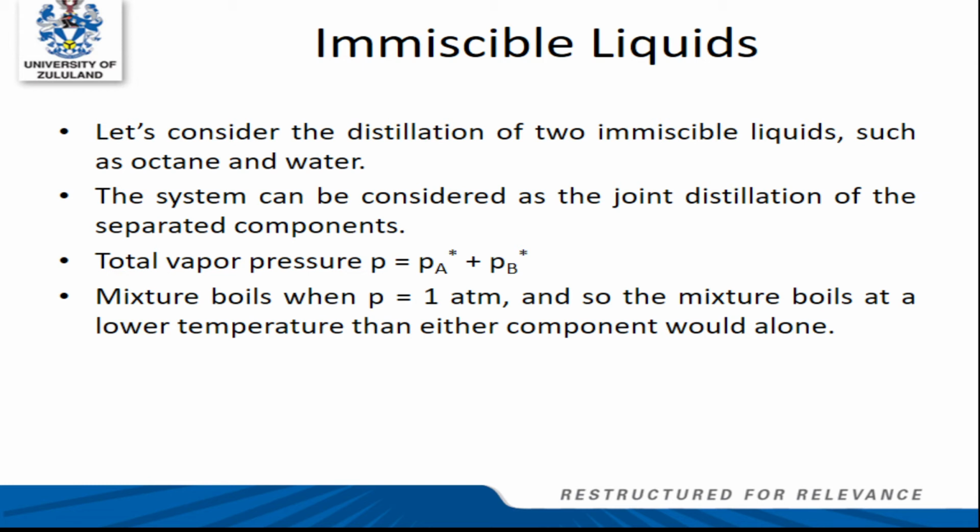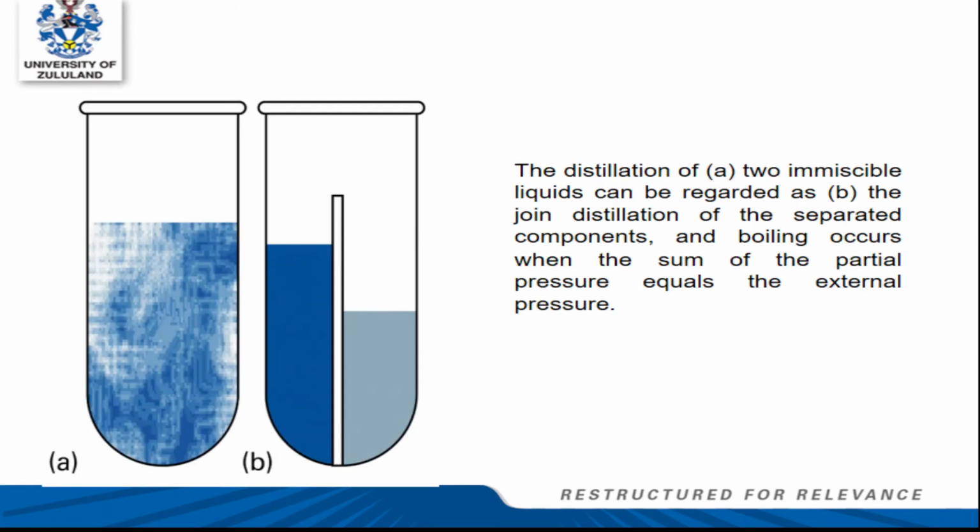But the most important thing is that this mixture will only boil when the pressure is equal to 1 atm, and it typically boils at a lower temperature than either component would allow.